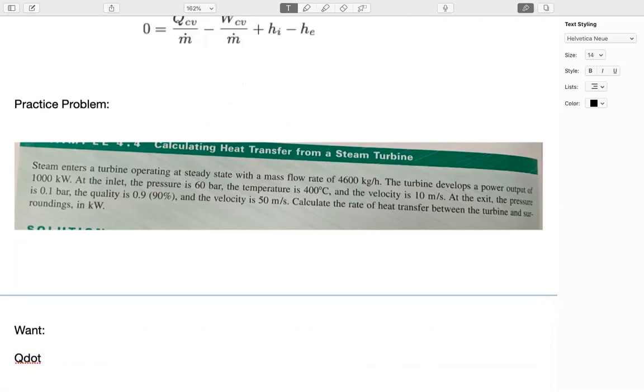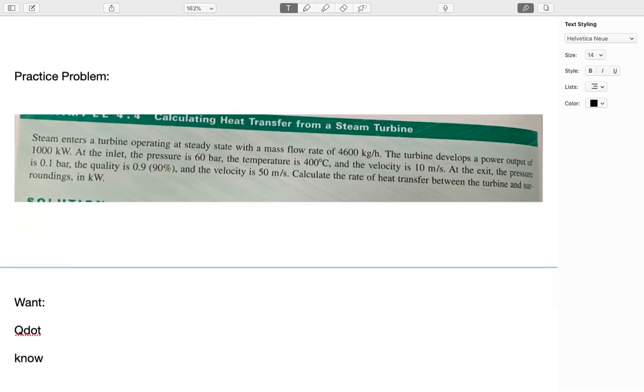We know, well, first of all, it's a turbine, so there's one input and one output. So that means that m dot is constant throughout. So it's just the same number throughout the whole problem.